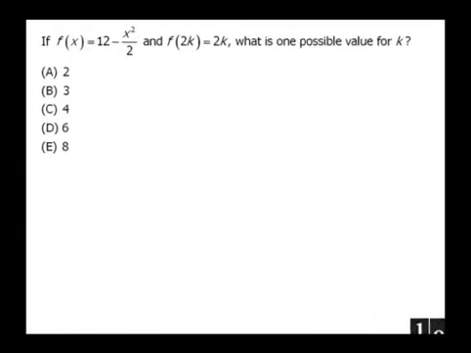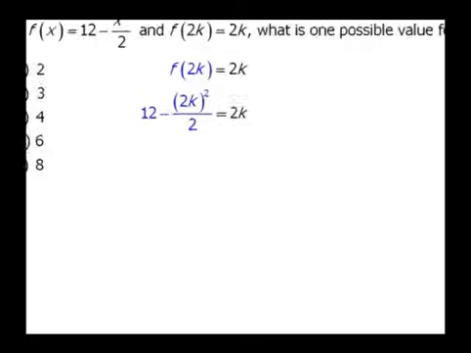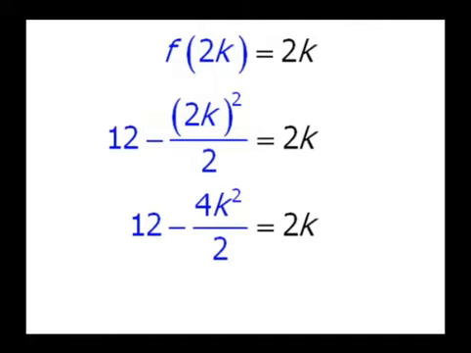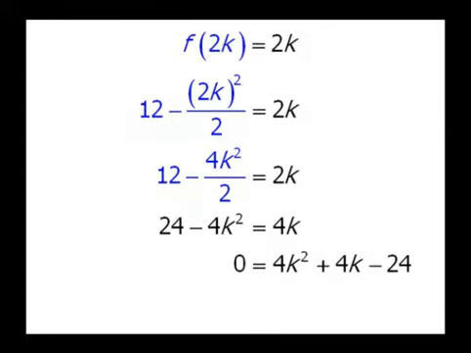Okay, our goal here is to solve this equation for k. So we'll begin by plugging 2k into our original function. At this point, we'll simplify the numerator of our fraction. And now we can eliminate the 2 in our denominator by multiplying both sides of this equation by 2. At this point, we should recognize that we have a quadratic equation, so we'll set this equation equal to 0.